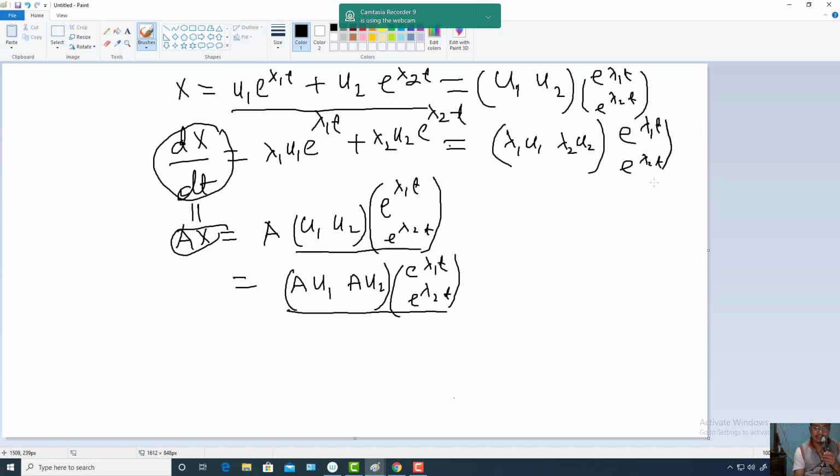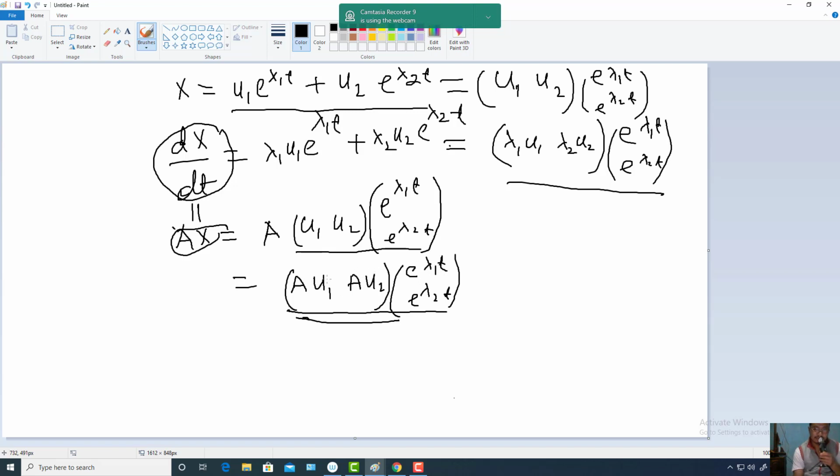So this quantity equal to that quantity means they are exactly the same, since both are column matrices.